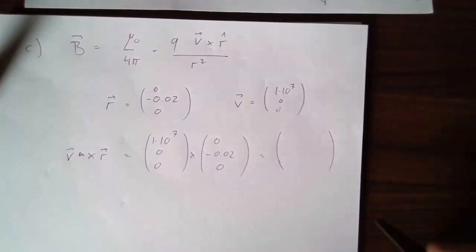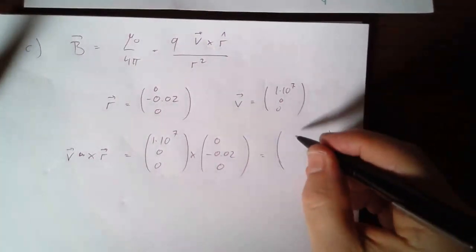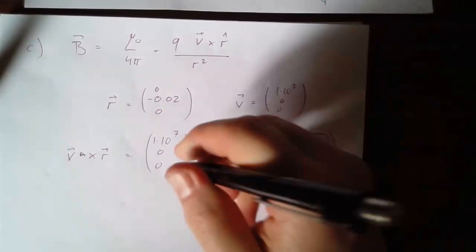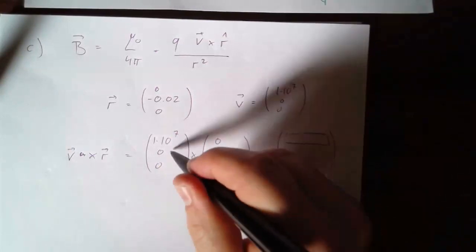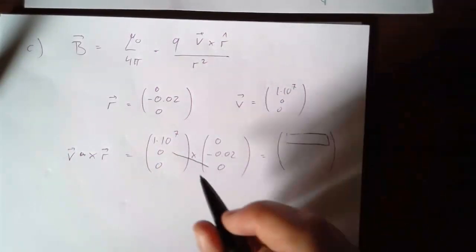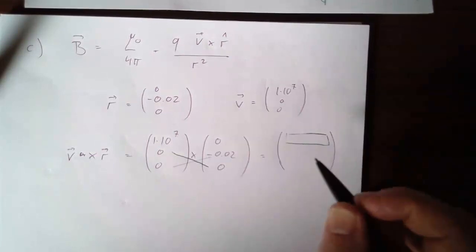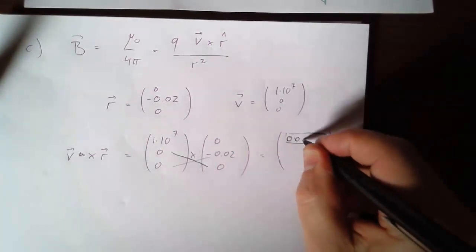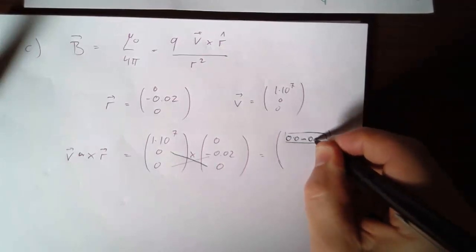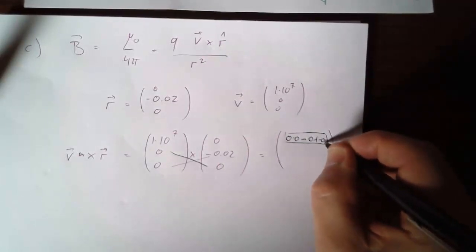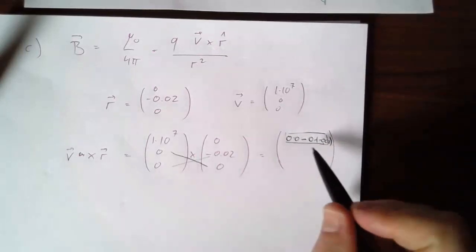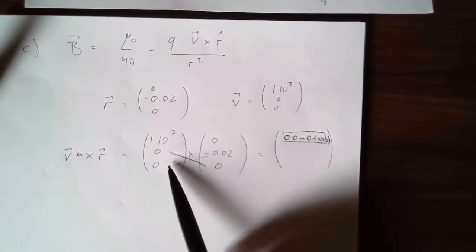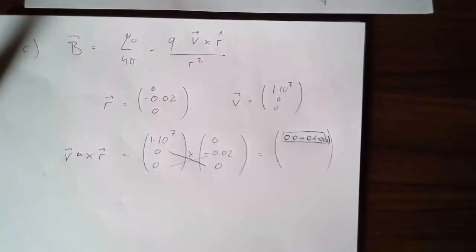So for the x component of the new vector, I'm going to take the y of the first one and multiply it with this one here, and then subtract this minus this. Now 0 times 0 is 0, 0 times 0 minus 0 times minus 0.02. Of course, the whole thing is 0. This is 0 times 0, 0 times something else, who cares? It's all 0. Okay, so that was that.